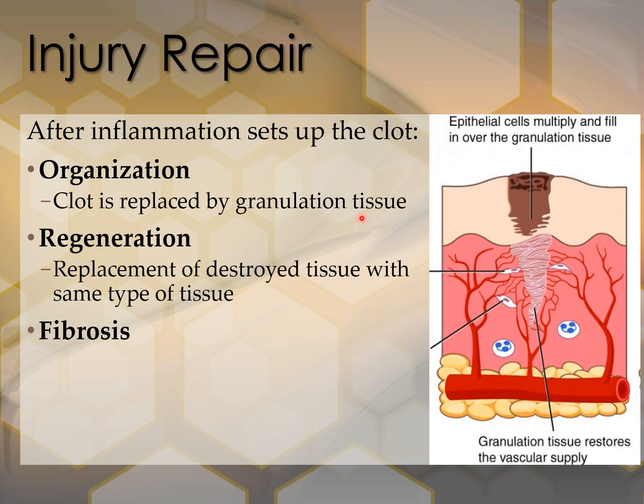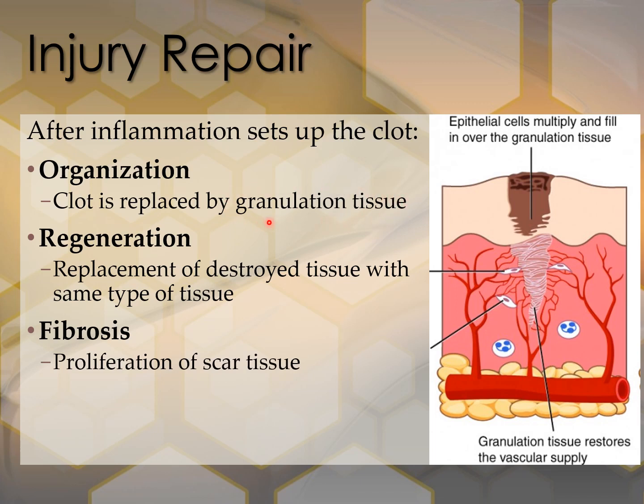So we're going to regenerate our normal tissue. We put in the granulation tissue as a bandage fix, and then we're going to replace that granulation tissue with the same type of tissue that's there. Is it connective tissue? Is it epithelial tissue? Again, we said epithelial tissue is great at healing and regenerating. Connective tissue is not as good, and that's why we can get some fibrosis.